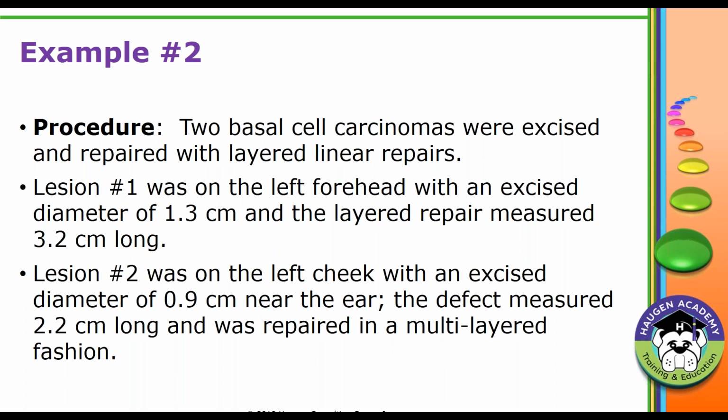Lesion 2 was on the left cheek, and it had an excised diameter of 0.9 centimeters. It's near the ear, and the repair was 2.2 centimeters long and also repaired in a multi-layered fashion. So I'll give you guys a second to think about this one.